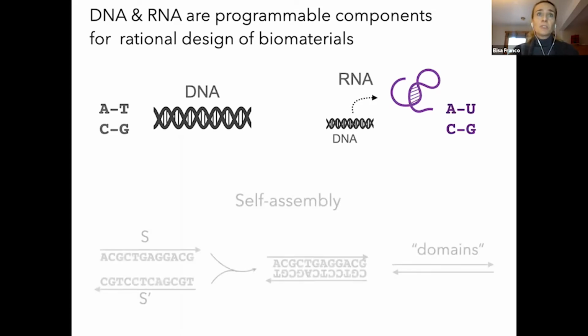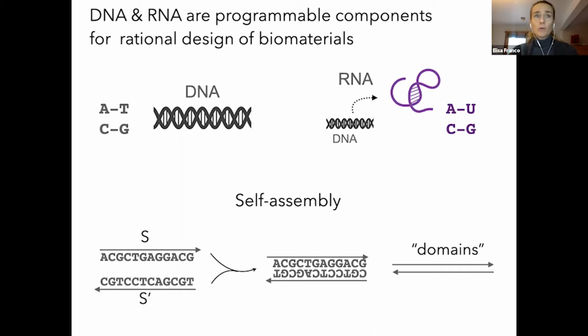And so the basic principle is that of self-assembly. If you have two nucleic acid molecules with particular sequences, the likelihood that they will form a complex and also the speed at which that complex will form depends on the sequence itself.